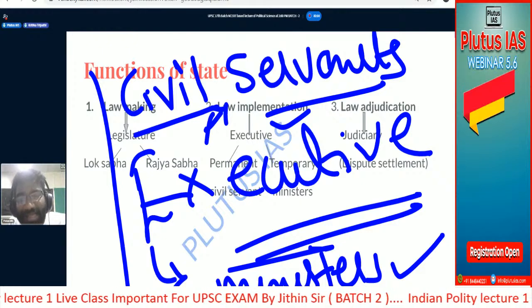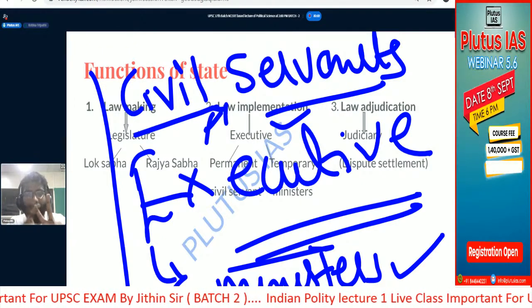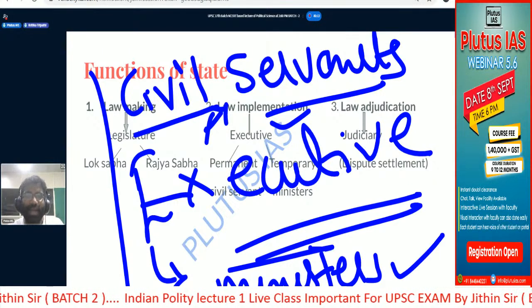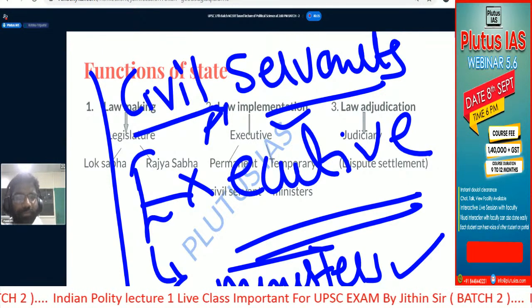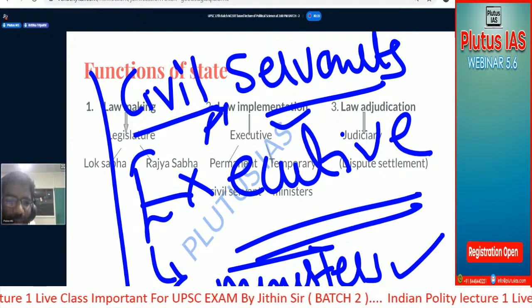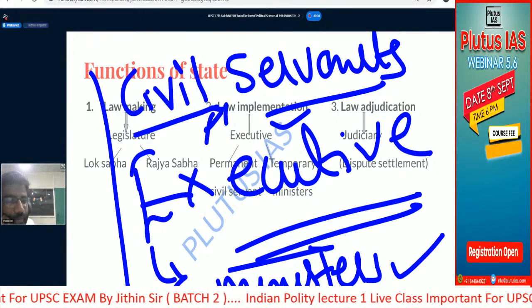See, Kritika, civil servants or ministers, one of them is a permanent executive and one is a temporary executive. Who is permanent and who is temporary? The civil servant is permanent. Why?